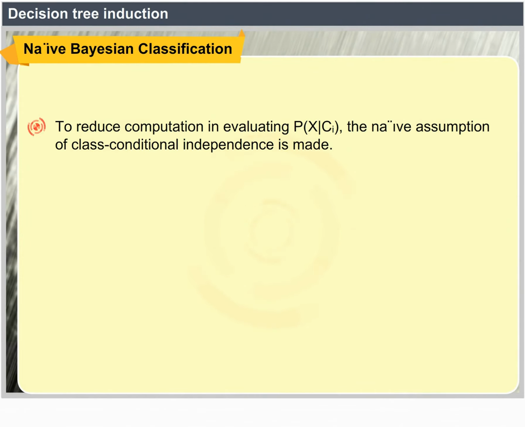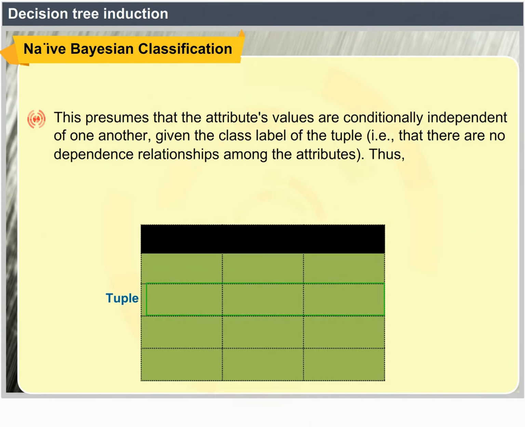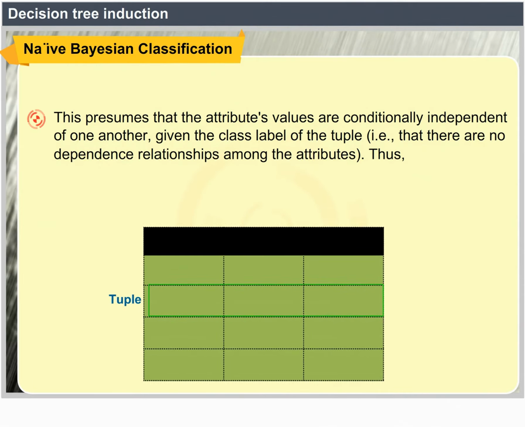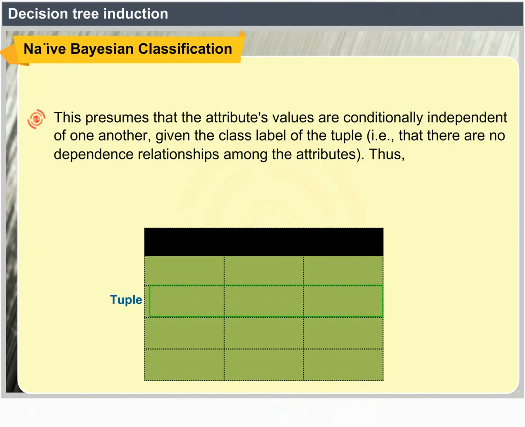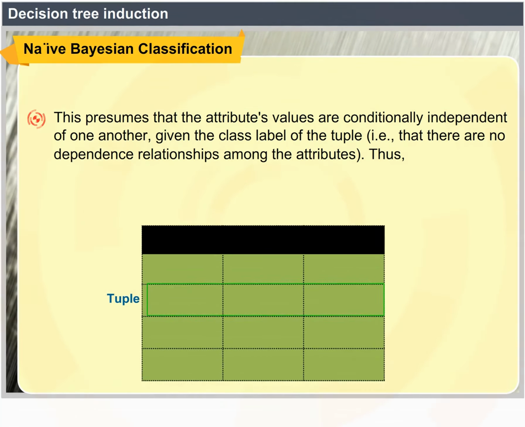To reduce computation in evaluating P(X|Ci), the naive assumption of class conditional independence is made. This presumes that the attributes' values are conditionally independent of one another, given the class label of the tuple. That is, there are no dependence relationships among the attributes.